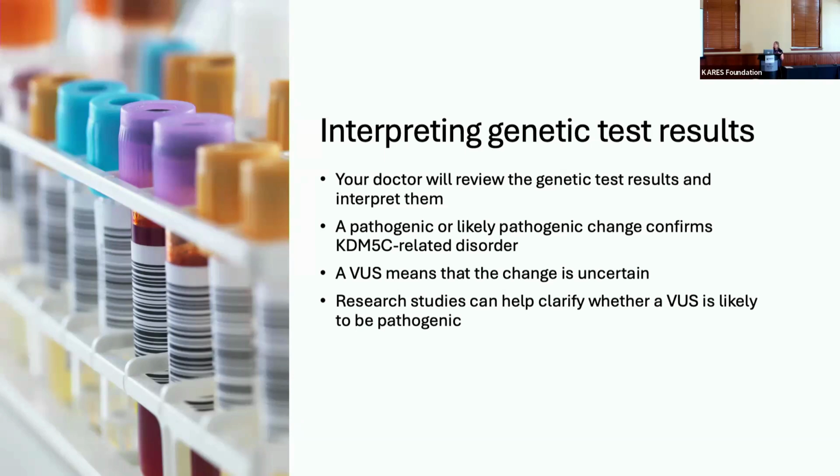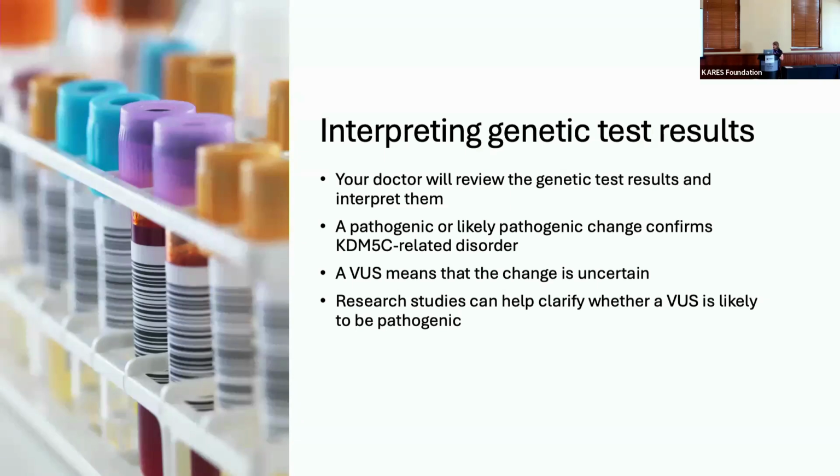So the VUS means that change is uncertain, but your doctor can say, well, gosh, the lab said that this is a VUS, but I think that this child fits KDM5C perfectly. And so I'm going to say that that's more of a pathogenic change, okay? And so the doctor can really specify whether or not they think that diagnosis fits for that child, even with a VUS.